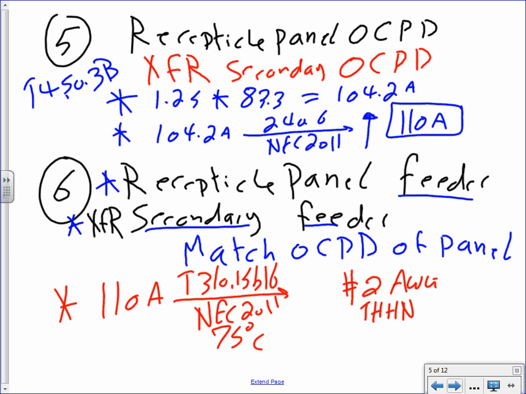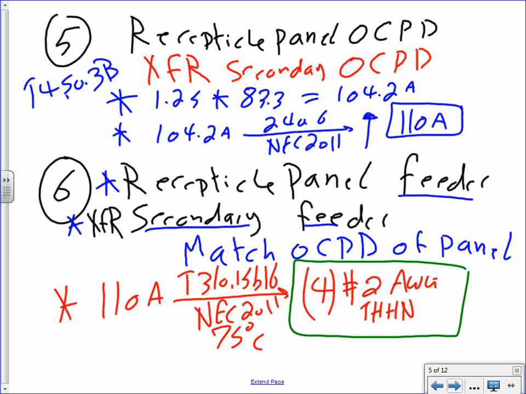Do we need to derate the neutral? Guys, remember how we derate the neutral in bigger panels? If you have a receptacle panel and panels up to 300 amp, full neutral. So how many conductors here? 4 conductors, number 2 conductors. Why 4 conductors? 3 phase and a neutral. Why didn't I derate the neutral?